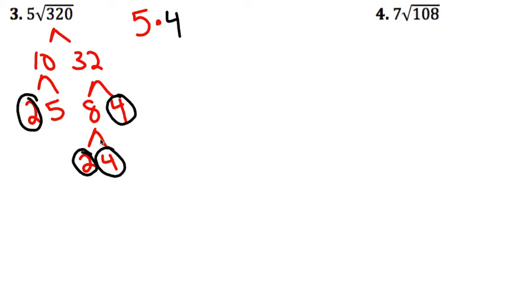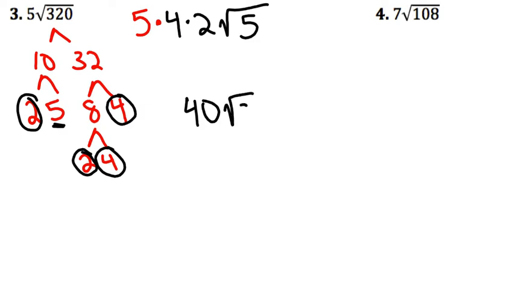So those 2s will come out as a single 2. And then I got this little 5 right here that does not have a pair, and that will stay underneath. Now we multiply. 5 times 4 is 20. 20 times 2 is 40. Square root of 5. There's my final answer.